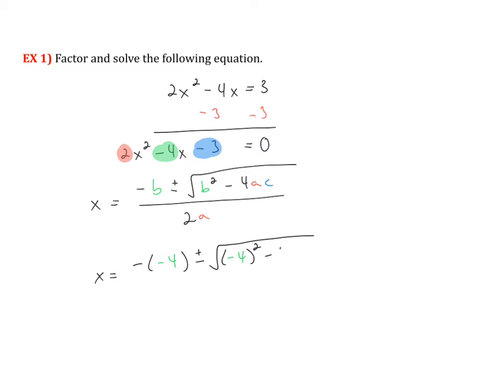All right, minus 4 times the value for A, which is 2, times the value for C, which is a negative 3. Take a look at that. There is another negative. Make sure that you substitute it in with parentheses. And all of this gets divided, of course, by 2 times the value for A, which is another 2.